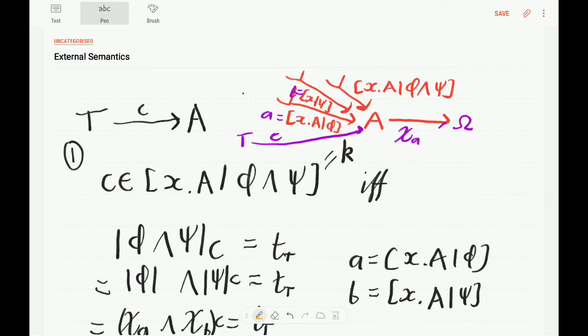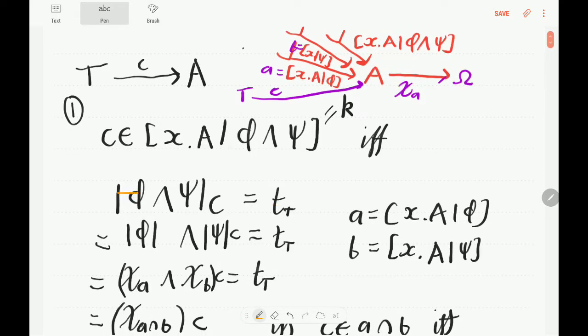And so let's do this then. We're going to have C is in this extension of phi and psi if and only if doing the interpretation of this after C sends everything to true. Now, what is the interpretation of this?